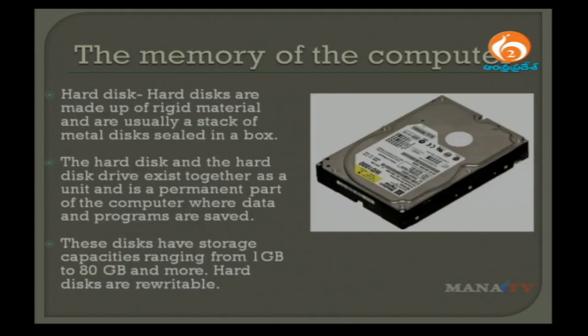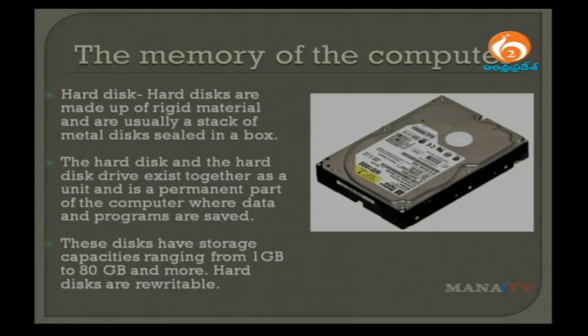All right. Now let us go to the next thing, the hard disk, the secondary storage, the secondary memory of the computer, which we were discussing in the characteristics of computer. What is a hard disk?